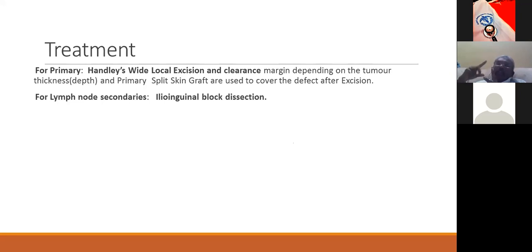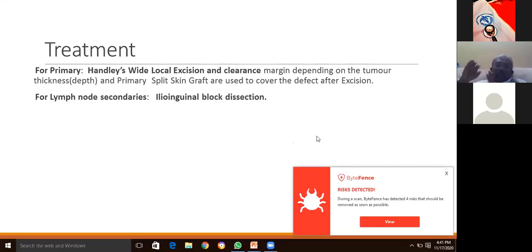All right. Say, imagine you have removed 10 nodes, 20 nodes, or 30 nodes. The first information is how many nodes are removed. The second information is, of the number of nodes removed, how many nodes are positive for tumor deposits.